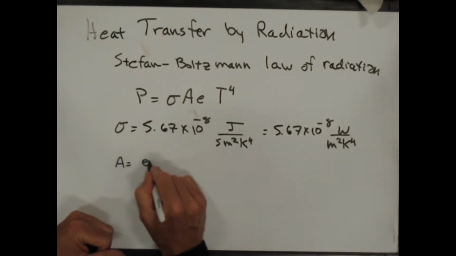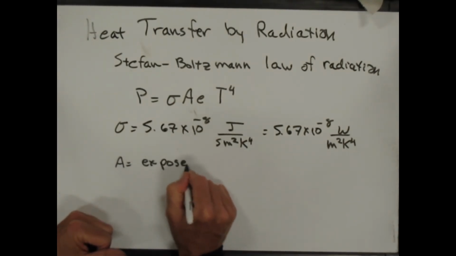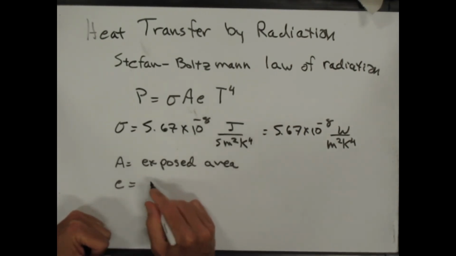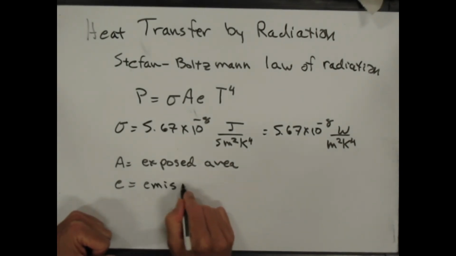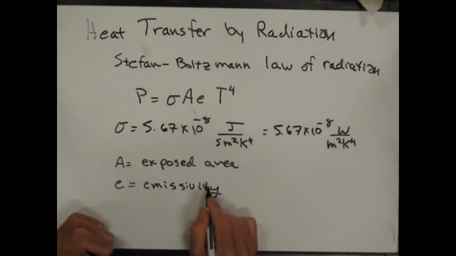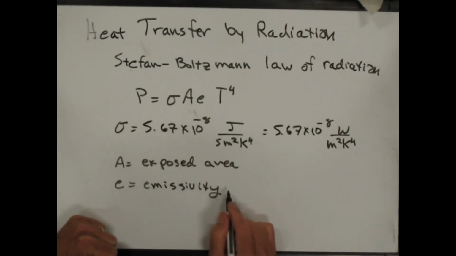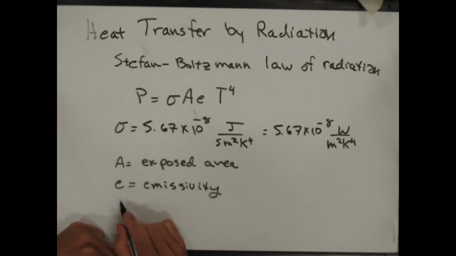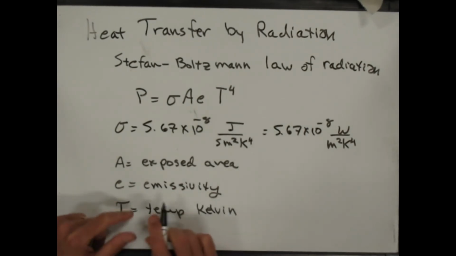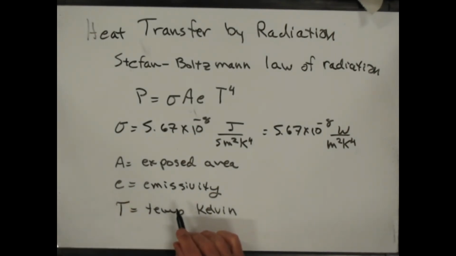A equals the exposed area. E is the emissivity. And finally, T is the temperature in Kelvin. So E is just a measure of how well something radiates.